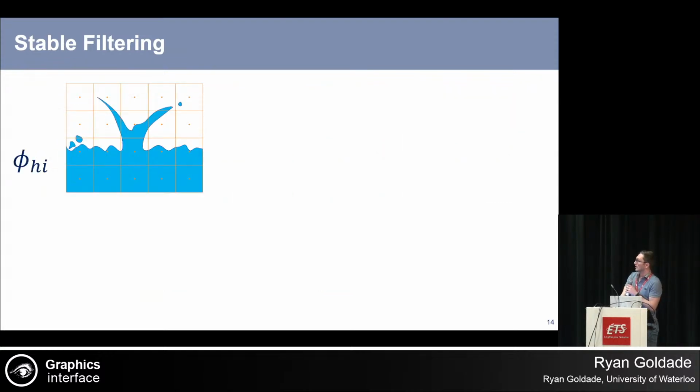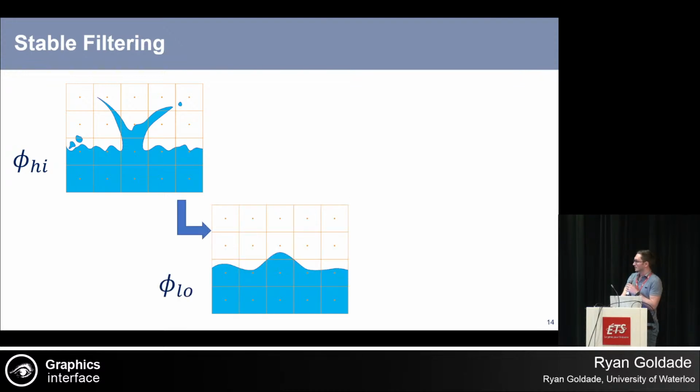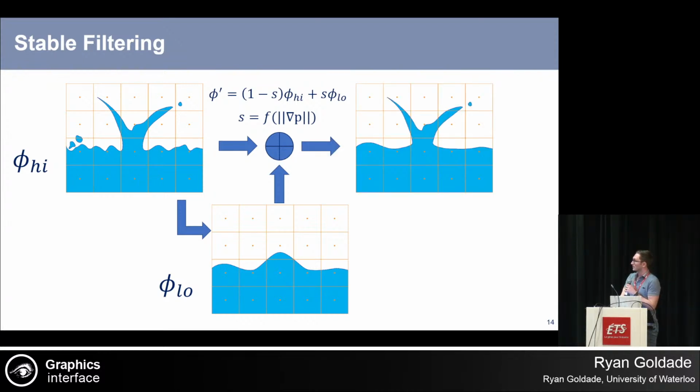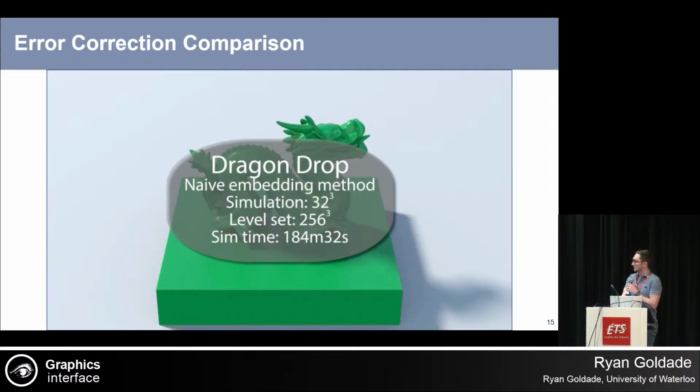So in this case, we take a high-resolution mesh surface that we had before. We can downsample it using Laplacian smoothing, and then we can essentially just blend the level set sign distance values together using the magnitude of the pressure gradient and remove the artifacts on the surface, but retain the nice splash details.